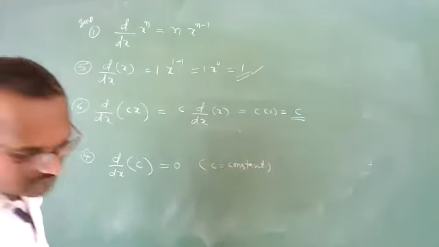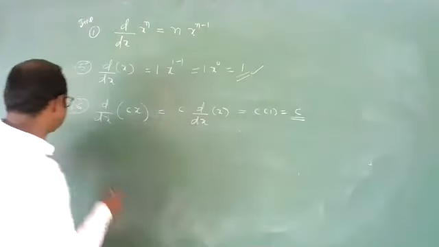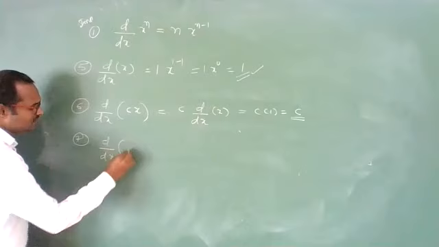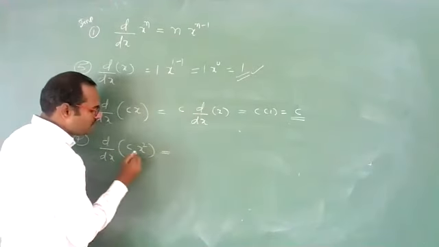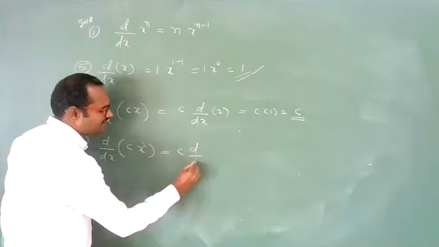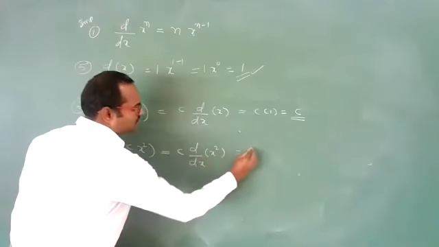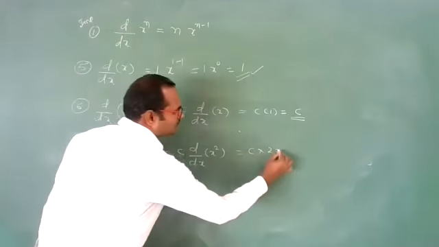Remember. Sir, if I do C into x square, then what you will get? See, students, if you are doing differentiation of some constant into x square, then what you need to do? First, take constant outside of the differentiation. So C into d by dx of x square is 2x, you know.